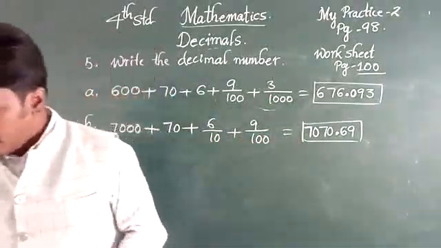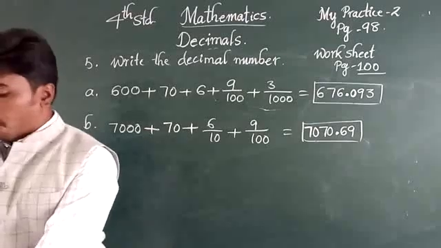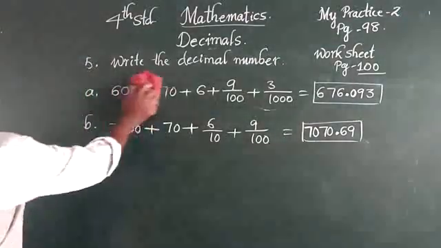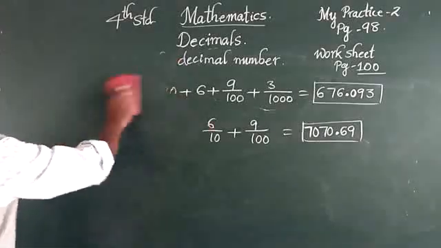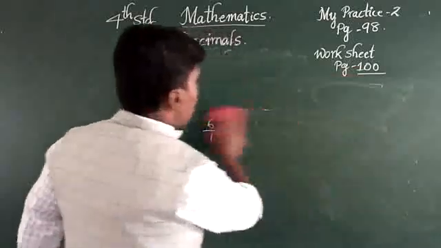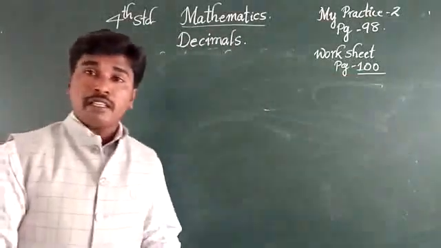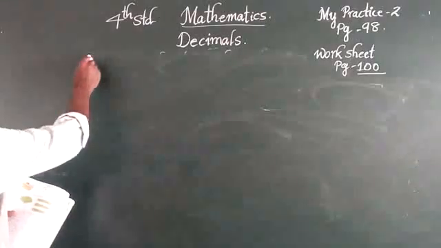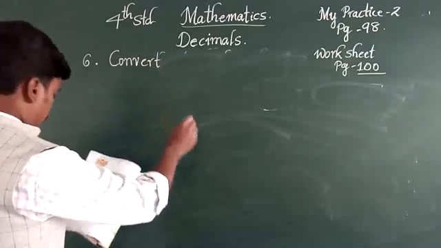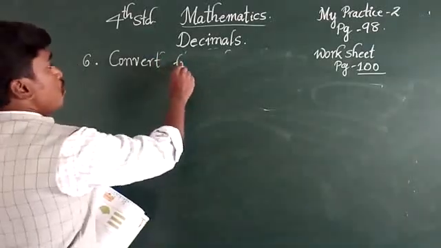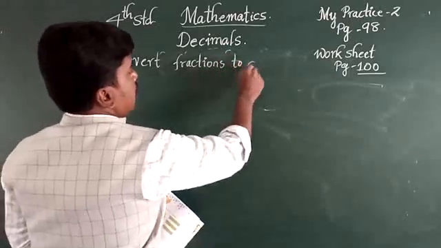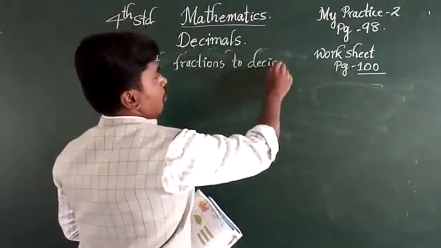So dear students, the next one is convert the following fractions into decimals. 6th main and 7th main. So it's a very simple chapter. Within 2 periods you have completely learned all the exercise questions. 6th, convert fractions to decimals.